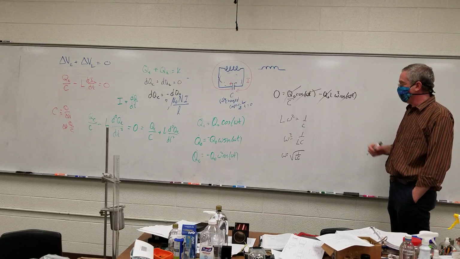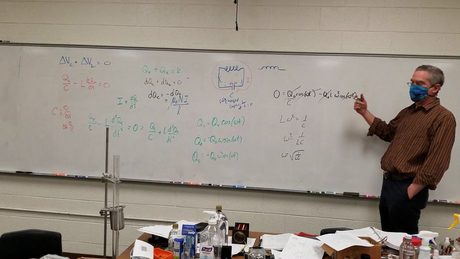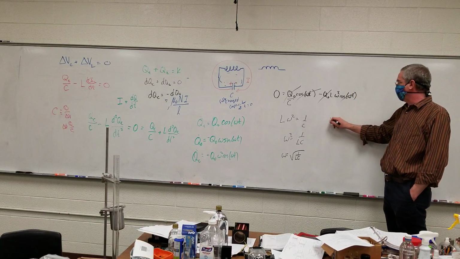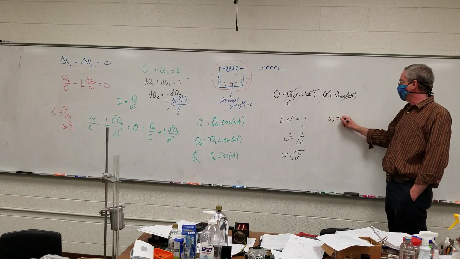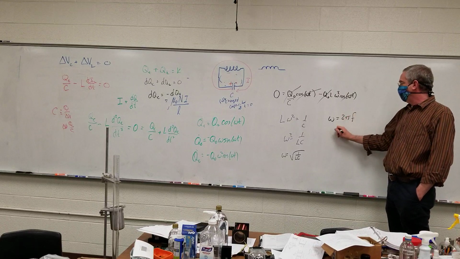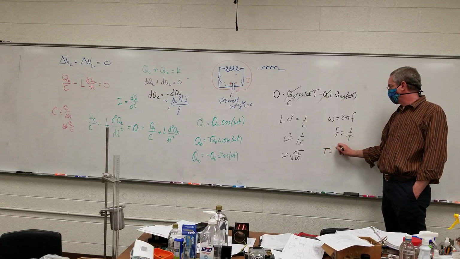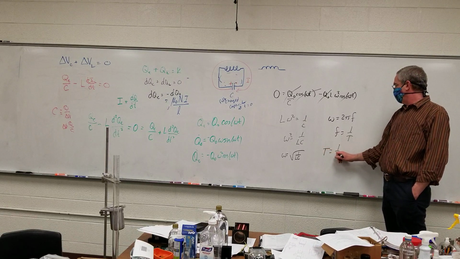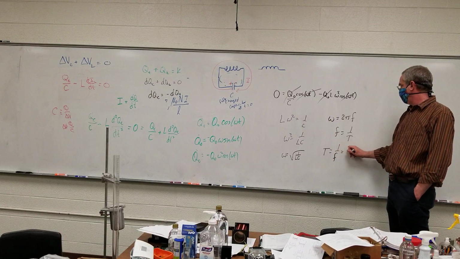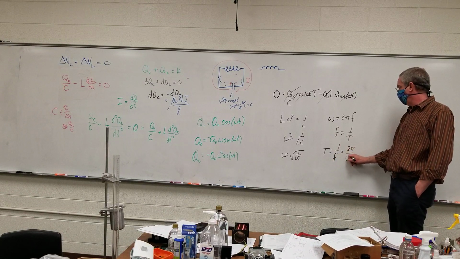And the time it takes to do that, well, let's dip back into our simple harmonic motion stuff. I know that omega is equal to 2 pi times the frequency. Frequency is 1 over the period. So my period is 1 over the frequency, which would be 2 pi over omega.